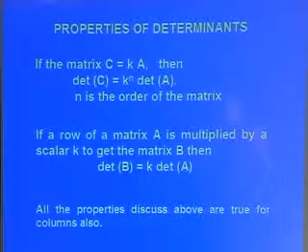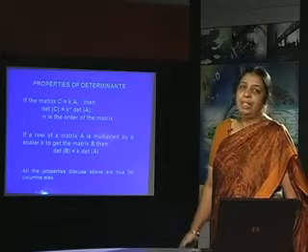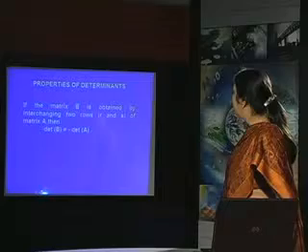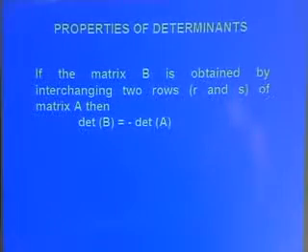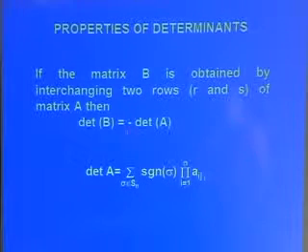Now the properties which we have discussed so far, we have proved them for rows, but they are applicable to columns also. So all the properties are applicable to rows as well as columns. Now if the matrix B is obtained by interchanging two rows, namely R and S of the matrix A, then determinant B is the negative of determinant A. That means when you interchange two rows of a matrix, a minus sign will come in.